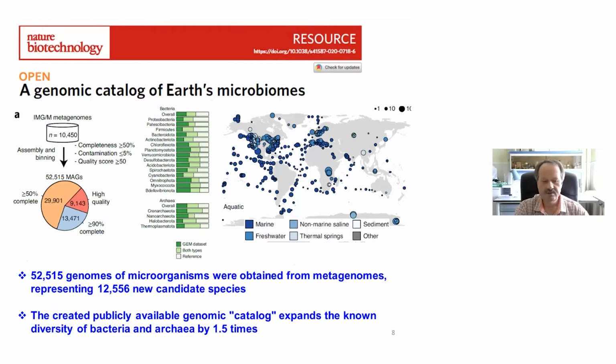They represented about 12,000 new candidate species, and this set of genomes expanded the known diversity of bacteria and archaea by about 50%. As you can see on the map of the samples, Russia, like in many other studies, is almost a white area. But still there are a few spots that my team contributed to this project.